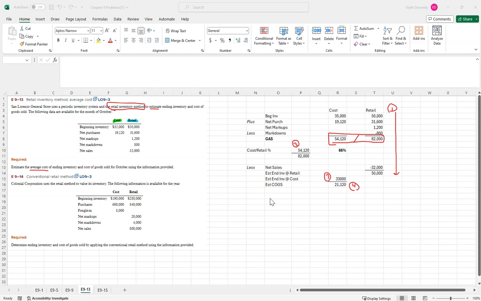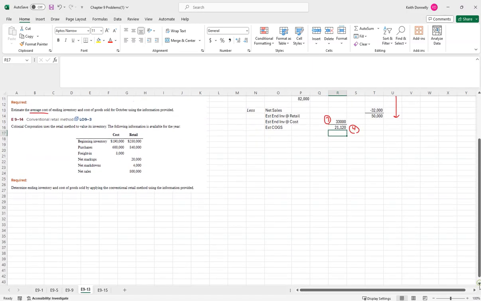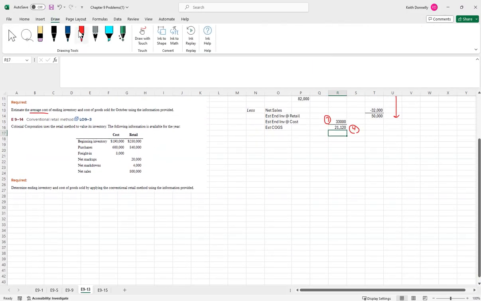Next up, and I'll show you the answers at the end. I'm giving you the answers here, but sometimes it's nice to see them. They're telling us you're still using the retail method, but you're going to be using the conventional retail method. What this involves is a stop sign whenever we build this out.